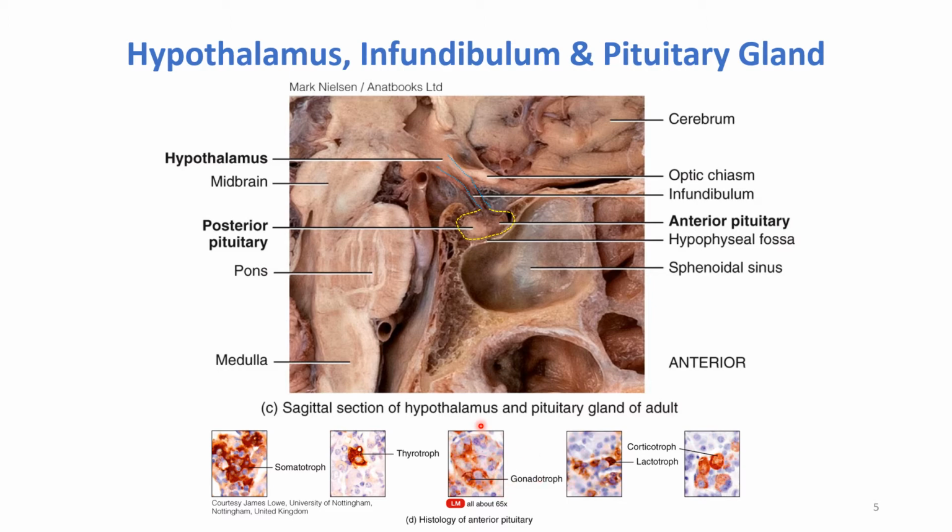Gonadotrophs are going to be cells that are making hormones for your gonadotrophins, which you're going to find out are different types of luteinizing and follicle stimulating hormones. Lactotrophs, if you think of lactate, have to do with making milk. And corticotrophs are going to be going to the cortex of the adrenal gland.